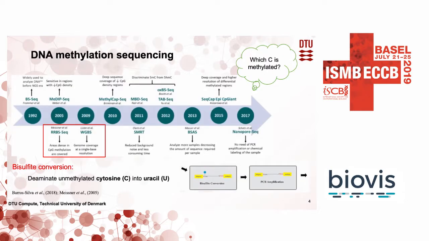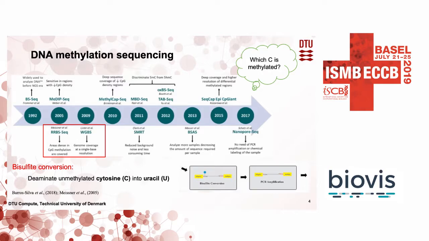And how to sequence the DNA methylation? There are several methods. For example, bisulfite conversion converts the unmethylated cytosine into uracil.